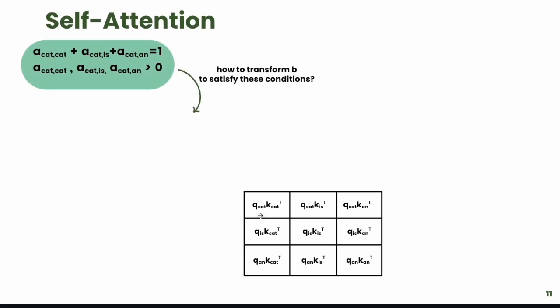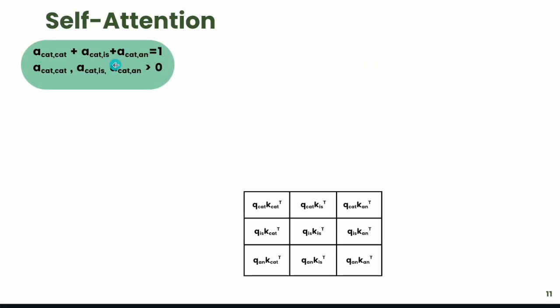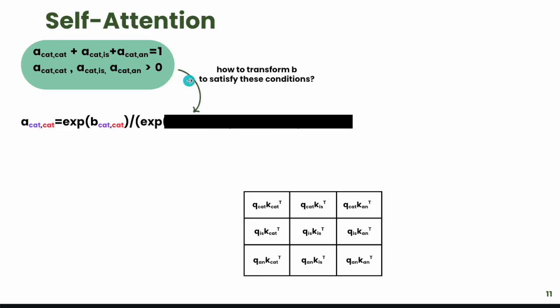Okay, so what a softmax function does is as follows. First you have an exponent function. It just takes the exponential of the dot product we computed, as shown here. As soon as you take the exponential, you satisfy the second property. The exponential function is always positive, and therefore we have a weight which is positive. Now to satisfy the first property, we divide by the sum of all the different weights.